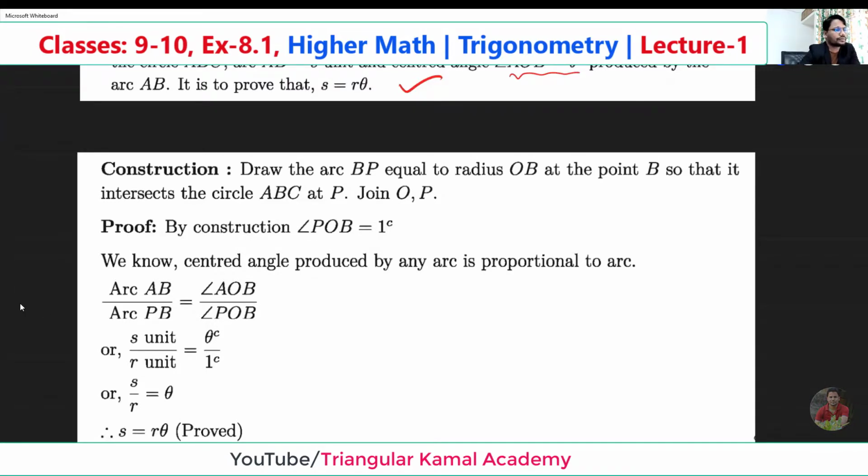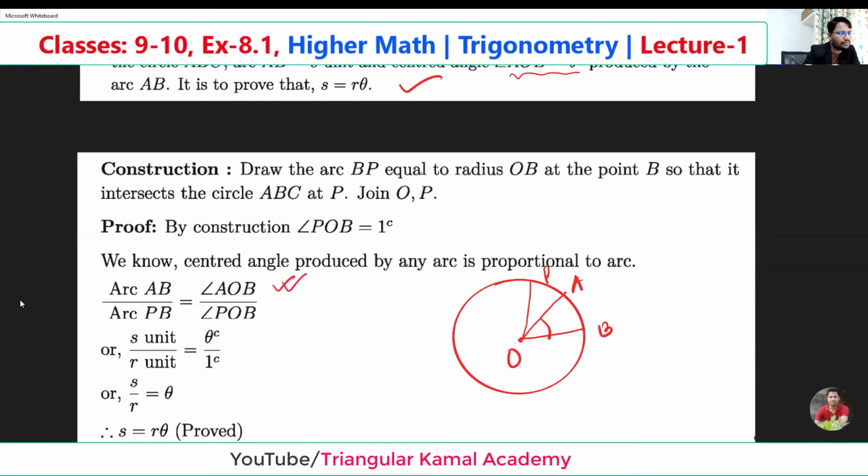So now if we see here, this is the center, and this is B, and this is A. So here the AOB angle makes arc AB, and the POB angle makes arc PB. So now both arcs AB and PB, the relation is proportional.